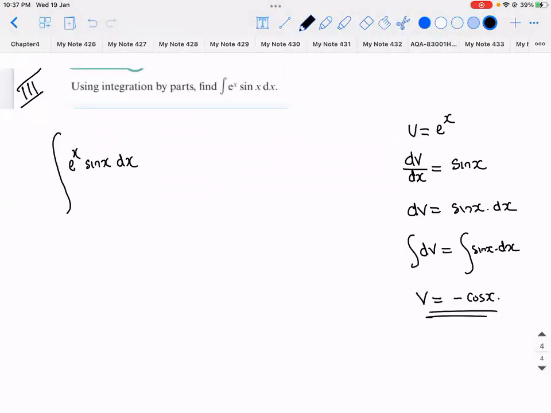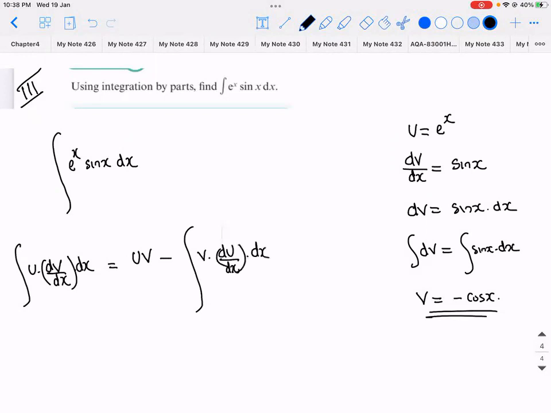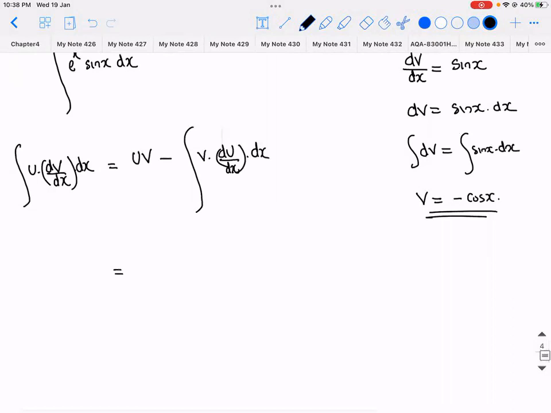Then, what is the formula for this? I would like to once again write that formula. Integral of u times dv over dx times dx means what? It is u times v minus integral of v times du over dx times dx, correct? So we are going to apply this.